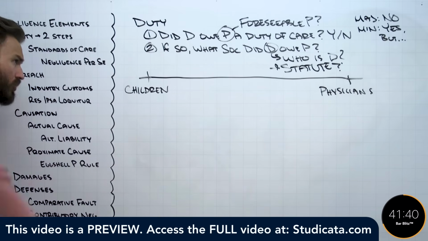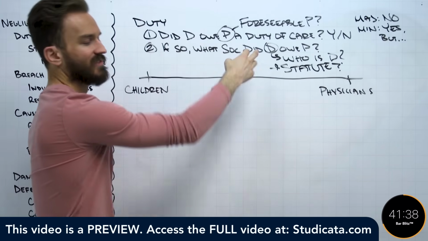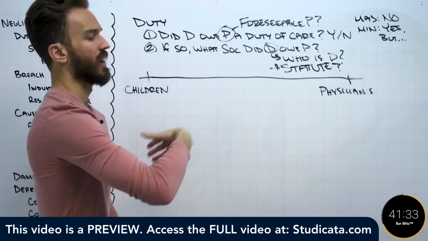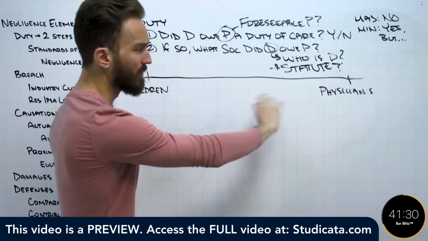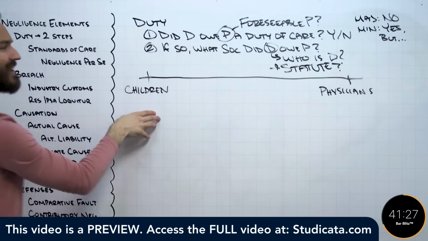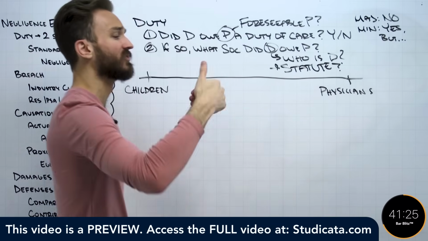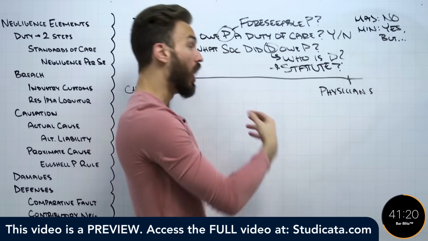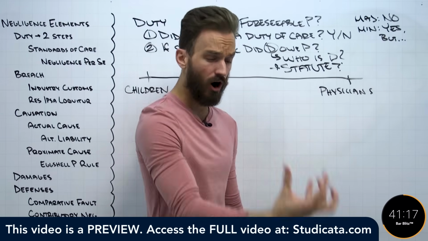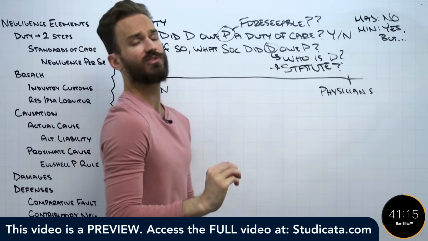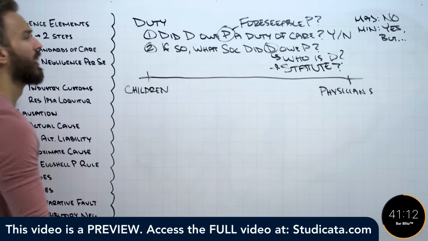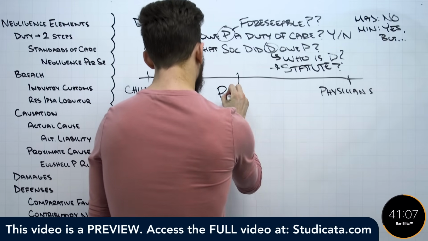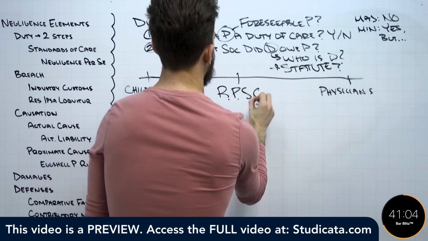But otherwise, if the defendant is not one of these special classes of people, a child or a physician, automobile driver, a possessor of land, common carriers, innkeepers, the defendant is not in a special class that has a special definition as to what the standard of care is, or we don't have a statute in our fact pattern that's defining what the standard of care is as a matter of law, the default standard is what we call the reasonable person standard of care.